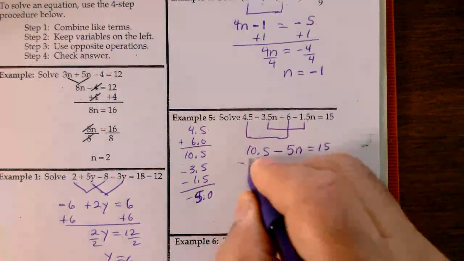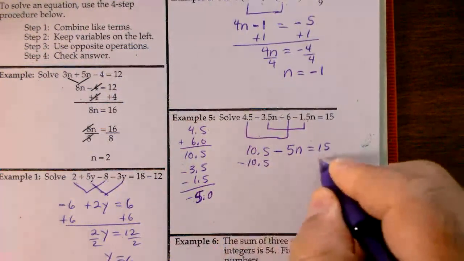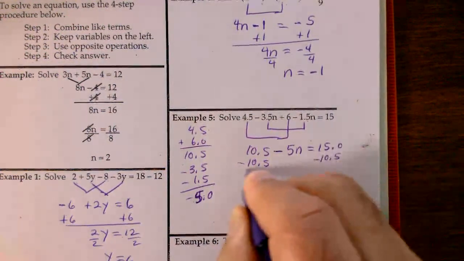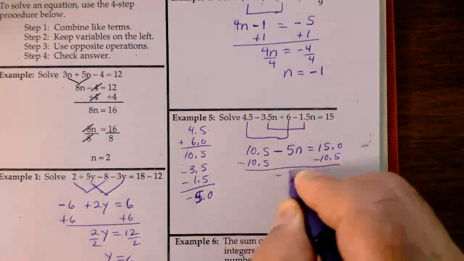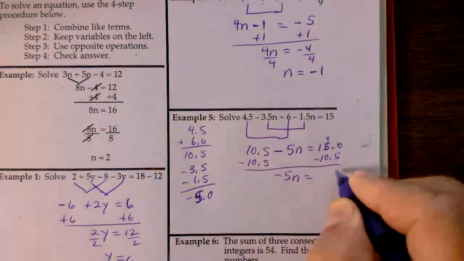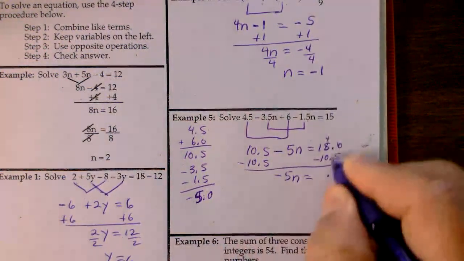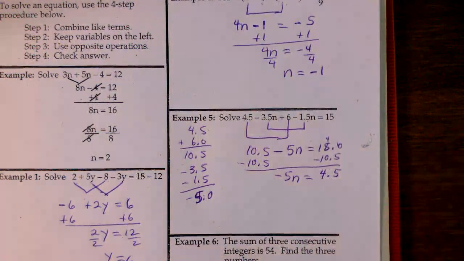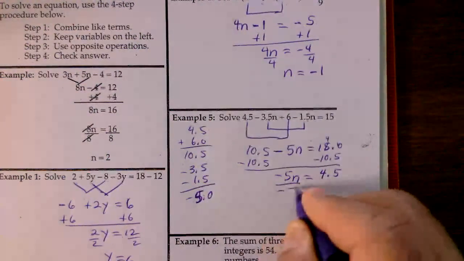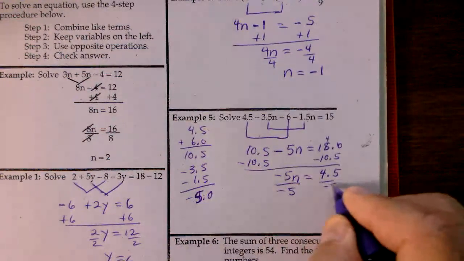Then we follow through. Subtract 10.5. Line up your decimals. Add a 0 there so that you won't make mistakes. And as you could see, we borrow from here. We're going to get 4.5 left over. And then we divide by negative 5.